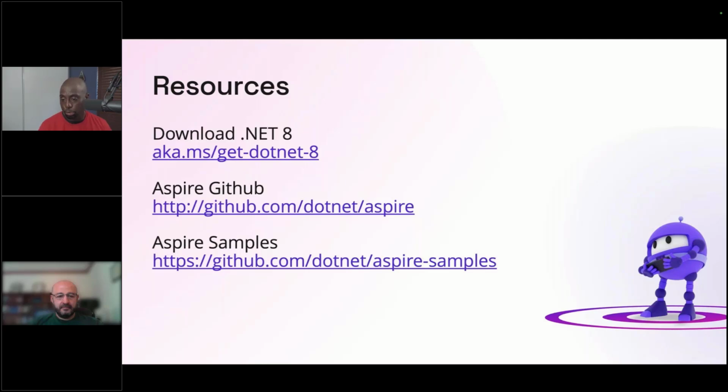Turner's asking a question. Is there an option for the configuration file to be generated? Excuse me. Which configuration file specifically are you talking about, Turner? Let me know. Or, I mean, you're here. If you want to unmute, feel free to unmute and let me know which one you're talking about. I guess my question was more, is there a way for a config file to be generated via Aspire?